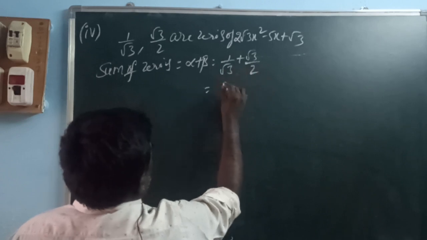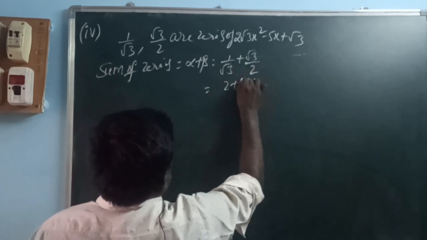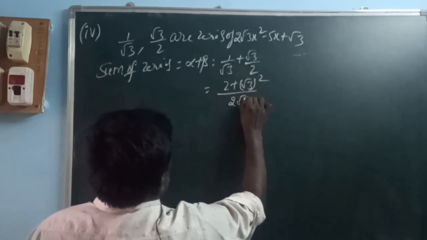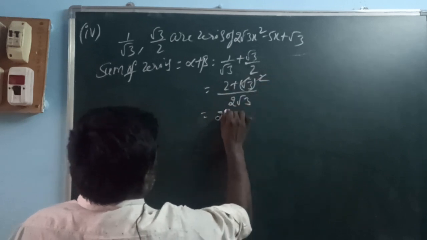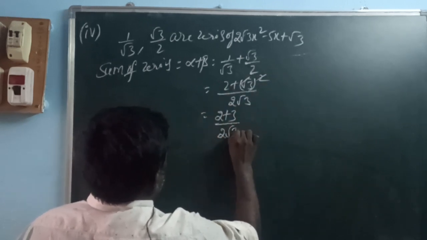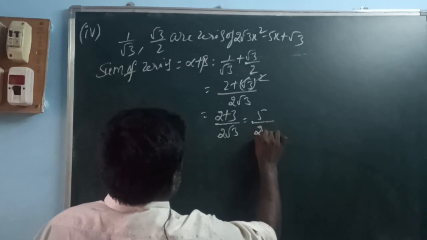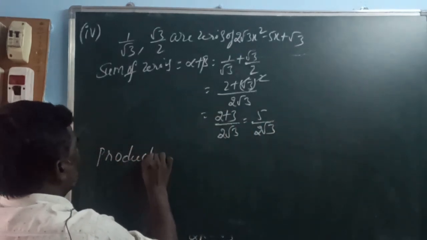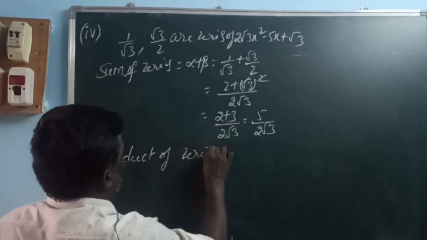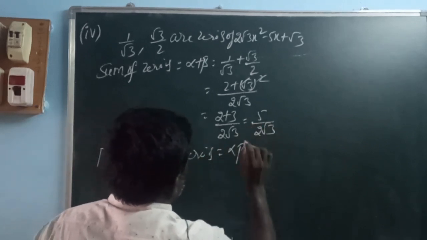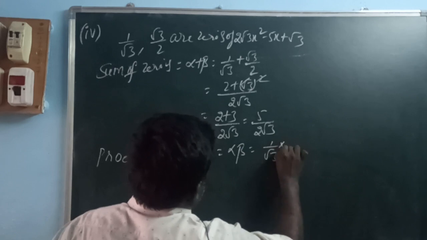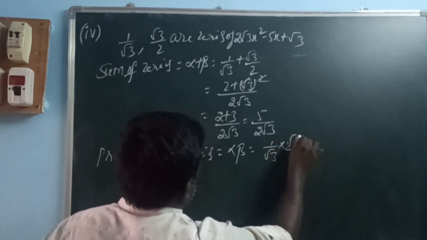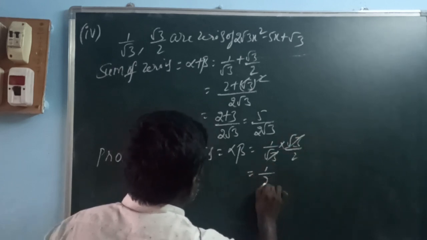So 1 into 2, 2, root 3 into root 3, whole square, by 2 root 3. Square root cancels, that is 2 plus 3 by 2 root 3. 2 plus 3, 5 by 2 root 3. So next, product of zeros. Alpha into beta is 1 by root 3 into root 3 by 2. Here root 3 cancels, that is 1 by 2.